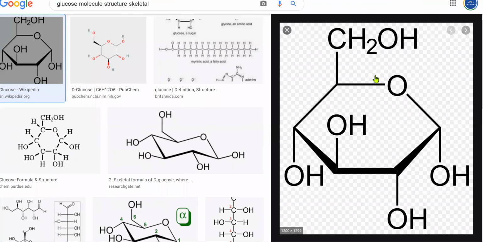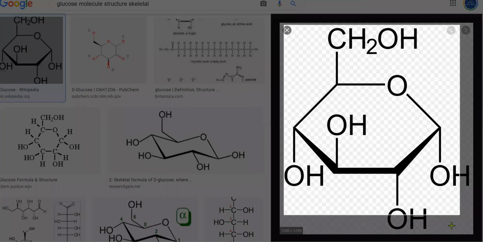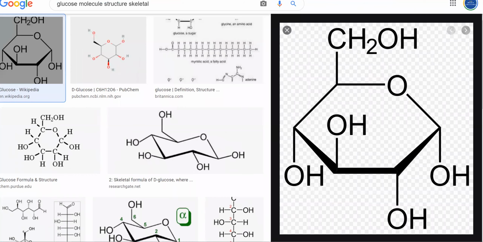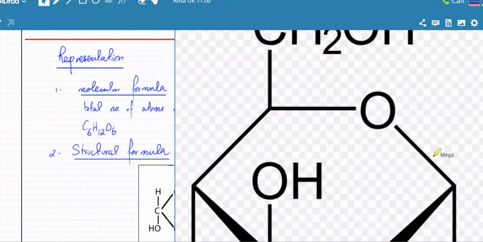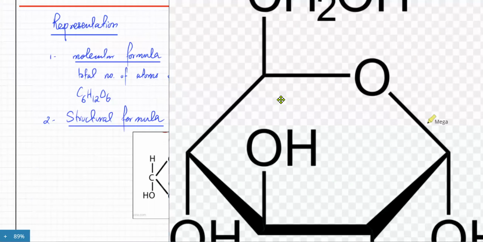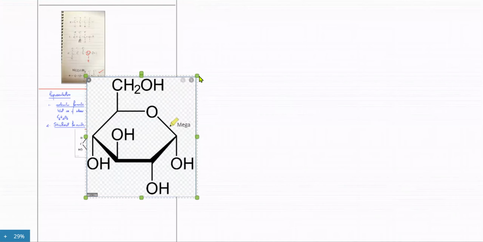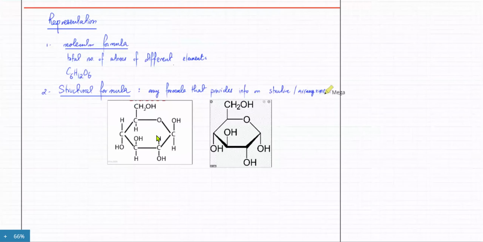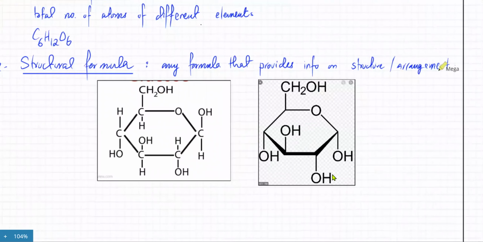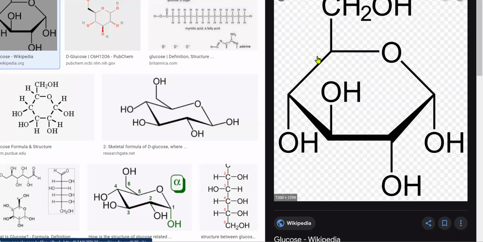So that's another version of the same thing. But this one is slightly different. Then there are three-dimensional formulas that tell you the angle as well. For example, this one over here.